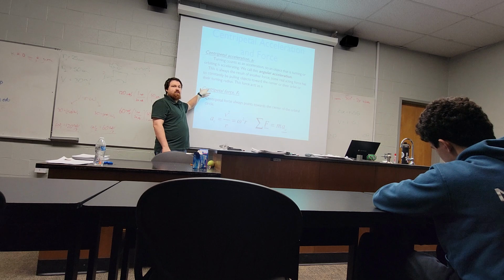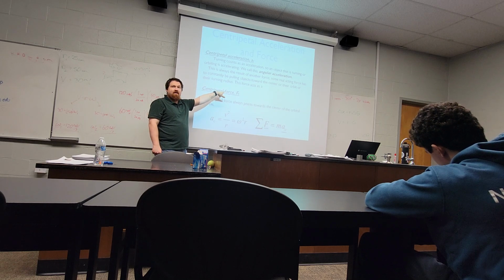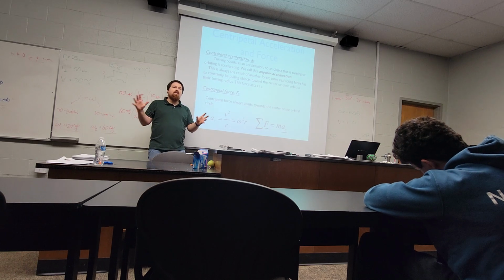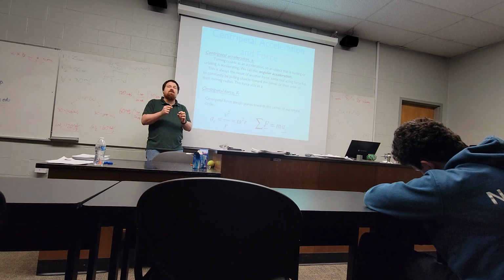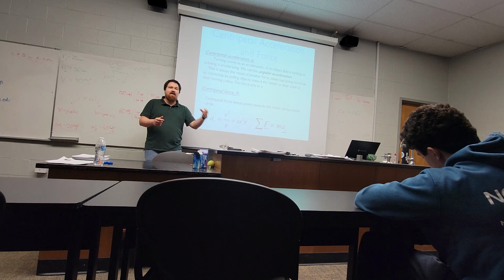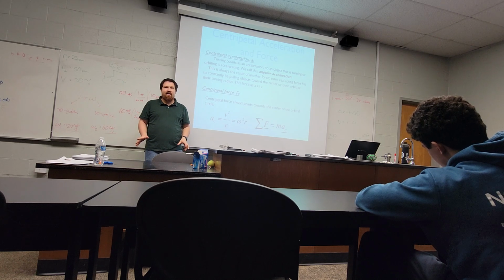The root word centri is center, the root word petal is seeking. So the centripetal force is a center seeking force. These forces literally pull items towards the center of the thing that they are spinning around. And that is what forces them to maintain that circular pattern rather than moving in a straight line like they want to.